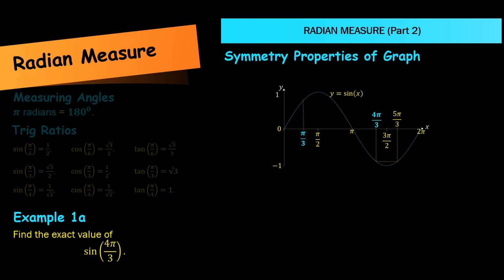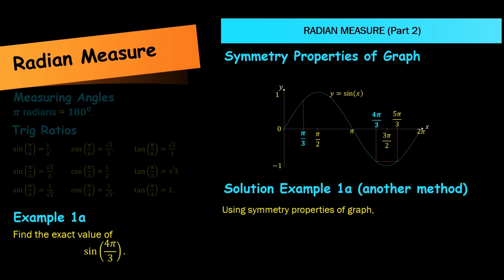By symmetry, you should hopefully be able to spot that sine pi by 3 is going to give the same positive numerical value as sine 4 pi by 3. And therefore, sine 4 pi by 3 equals minus sine pi by 3.